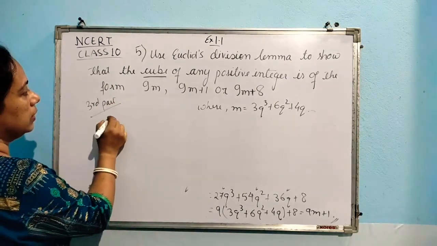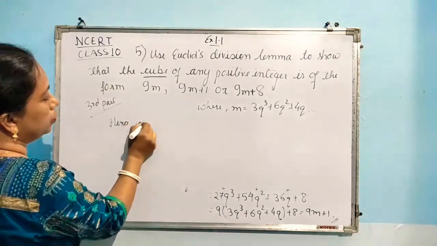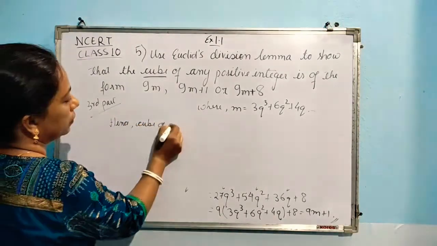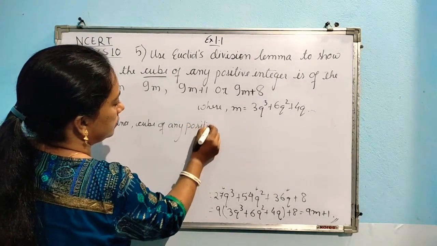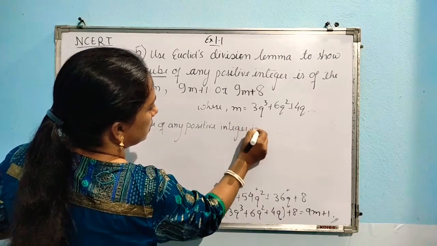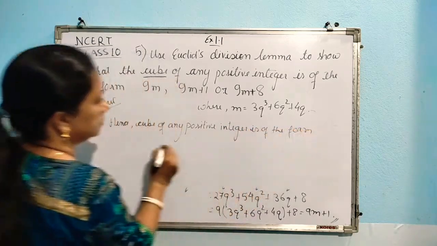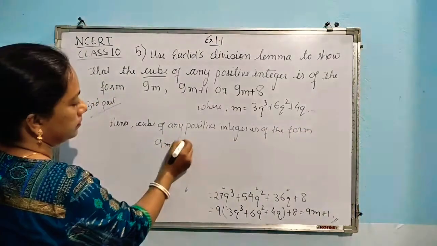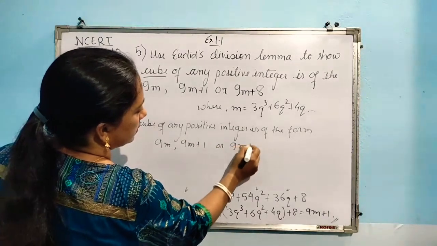Proved. Hence cube of any positive integer is of the form 9m, 9m plus 1 or 9m plus 8.